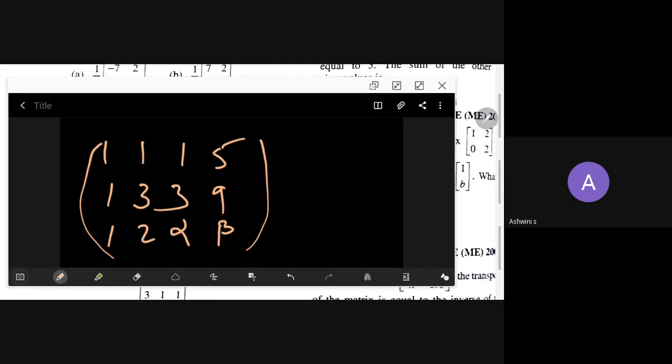Can anyone tell what the response is? Is there any shortcut? These things will become 0. Is there any shortcut here? I think you need to solve.